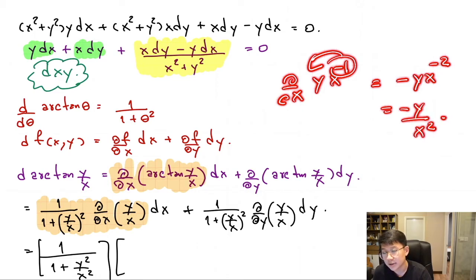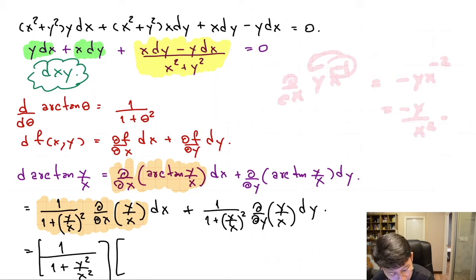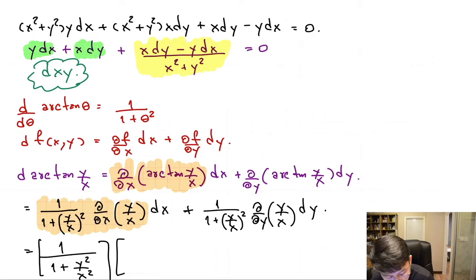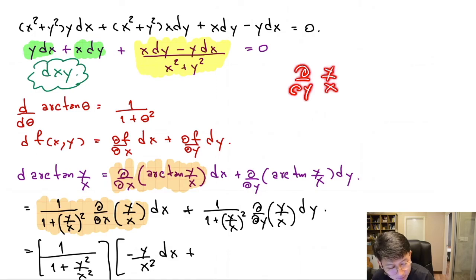Make sense? So here you have minus y divided by x squared dx plus, if you differentiate y divided by x by y, you get 1 over x, right? And that is 1 over x dy.